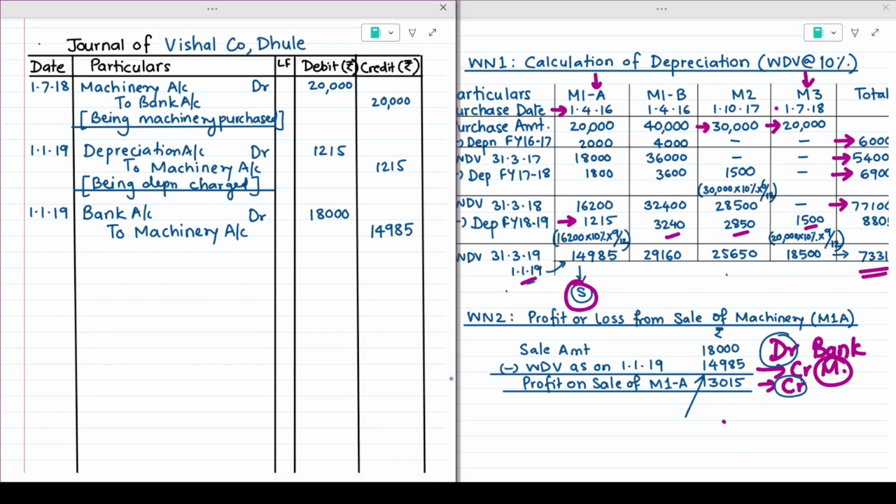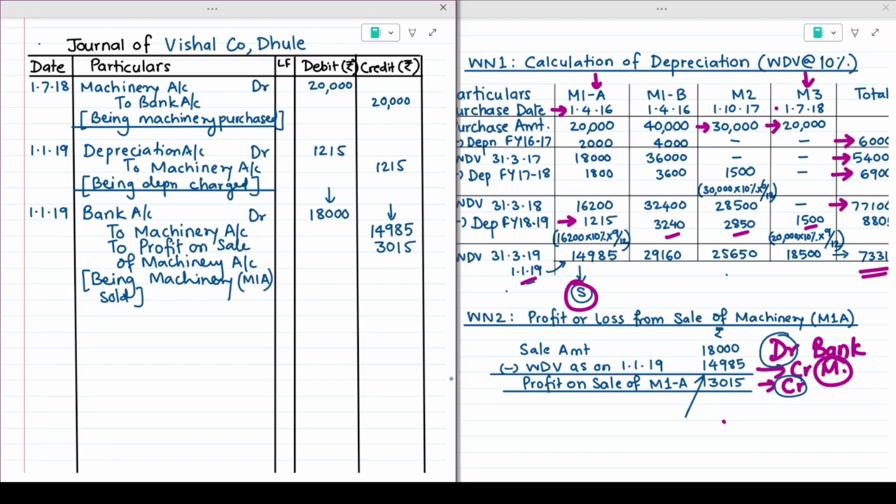And to profit on sale of machinery, the amount is 3,015. This way 18,000 debits and credits are equal, being machinery, you can write M1A sold.